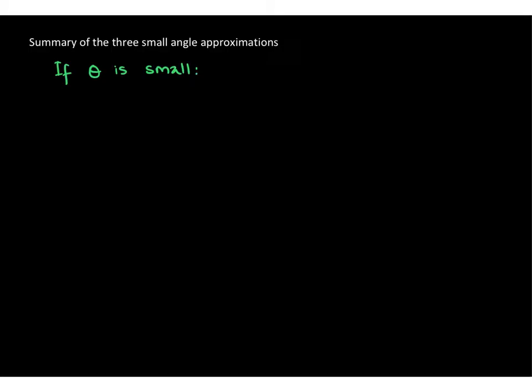So let's summarise the 3 approximations that we have found. If theta is small, we know that sine theta is approximately theta. Tan theta is also approximately theta, but cos theta is approximately 1 minus a half theta squared.